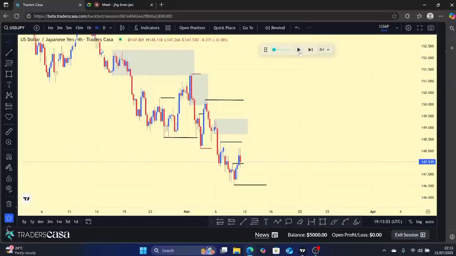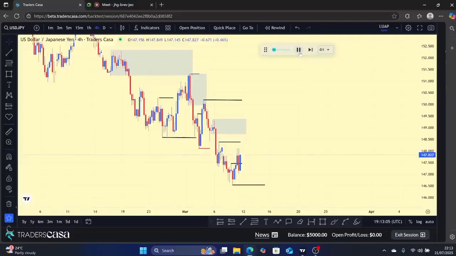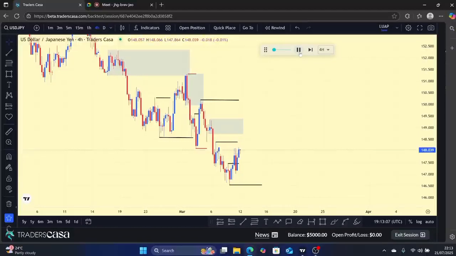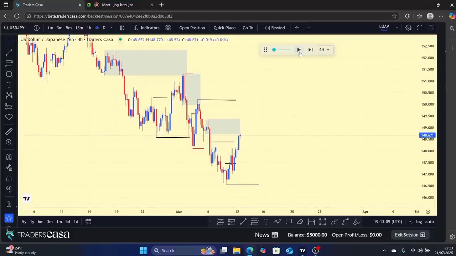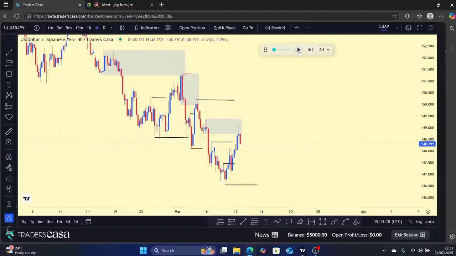So let me reduce the speed, and let's see. All right, so price has mitigated our zone, and we said that we need to make sure that price rejects with a good reversal pattern. Exactly right there, we can see what we call the indecision candle, and right now I am seeing what we call the evening star pattern, and I'll be waiting for this candle to close below 50%, which it has already done.